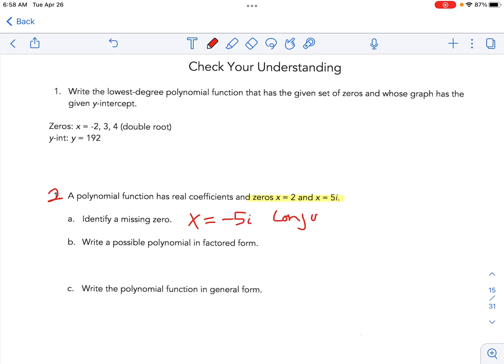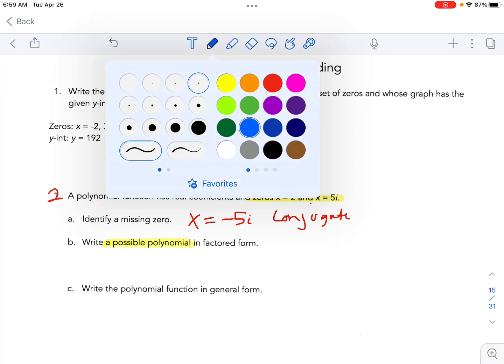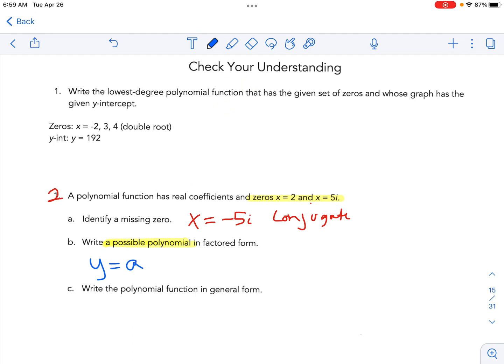It's that conjugate. And so a possible polynomial, back to writing a possible polynomial, is y equals a, and then we list all of the factors. The first factor is x minus 2, the next factor is x minus 5i, and the last factor is x plus 5i. And that's a possible polynomial.